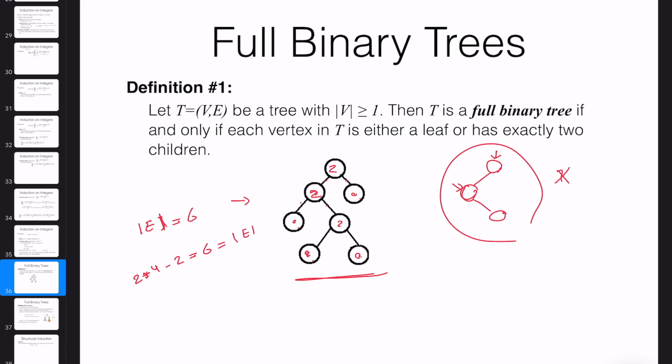If you wanted to prove this theorem without using induction, this is going to be very complicated. If you wanted to prove it using induction by this definition, this is also going to be very complicated. One thing I can do to simplify my proof is, whenever you are going to use a structural induction, you should find a recursive definition for your structure.